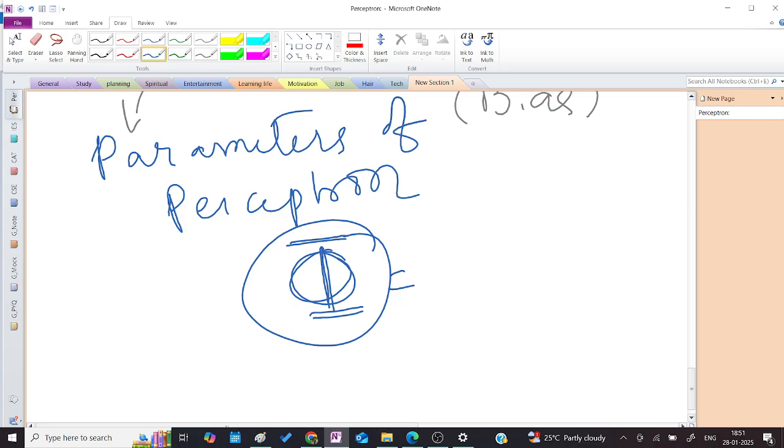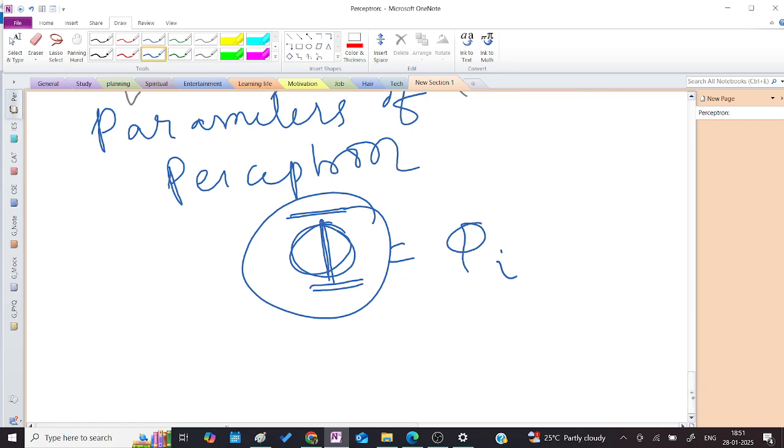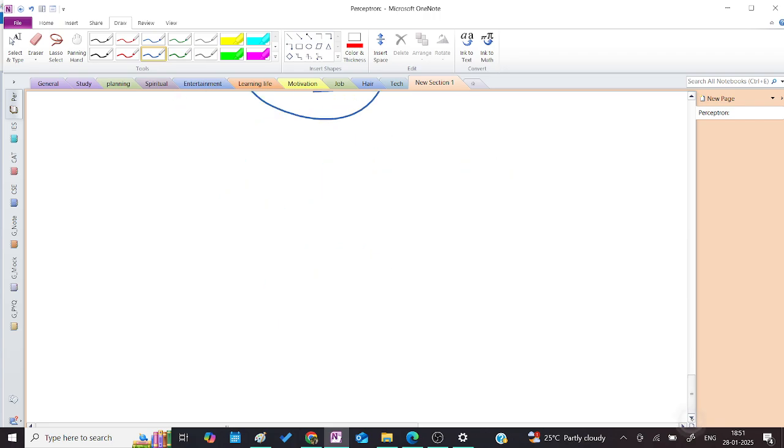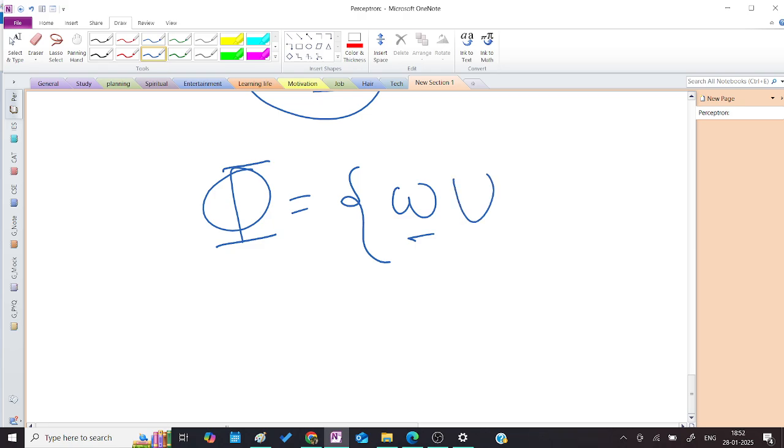Since it is a set, phi I is the ith parameter. Okay, so what I said is that capital phi is nothing but a set which consists of vector w union with bias.